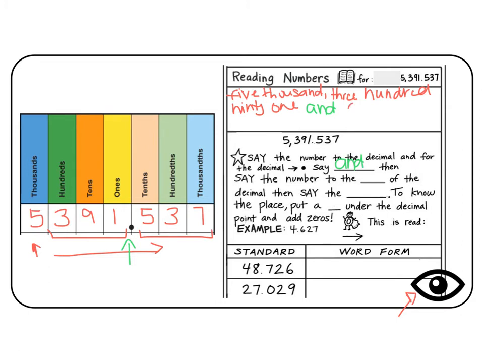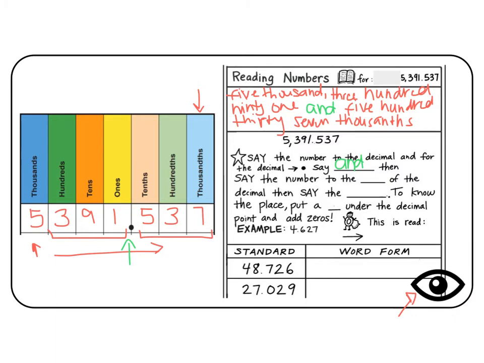So this is 537. And there's one more word that I need, and that is the word where the number ends, and that is the word thousandths.